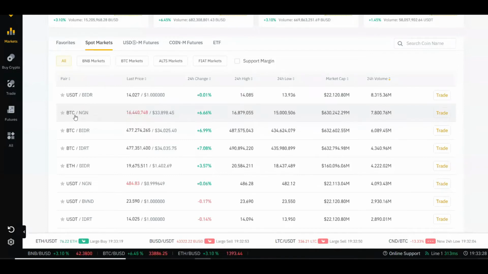So this is BTC versus the Nigerian currency. So you can decide to trade between a virtual currency like BTC, a volatile currency like BTC, and a country currency like the Naira. So this one is for Naira, and you have a lot of cryptocurrency you can trade on.